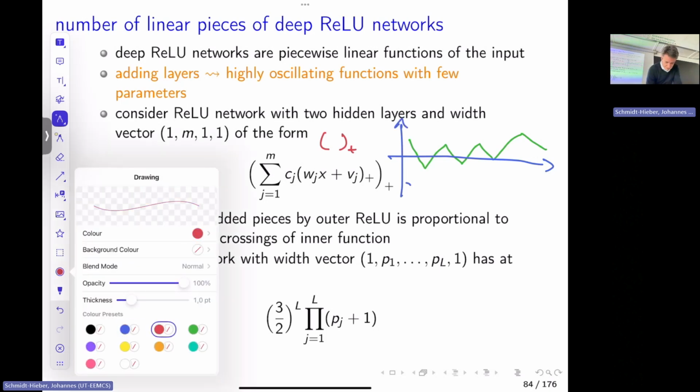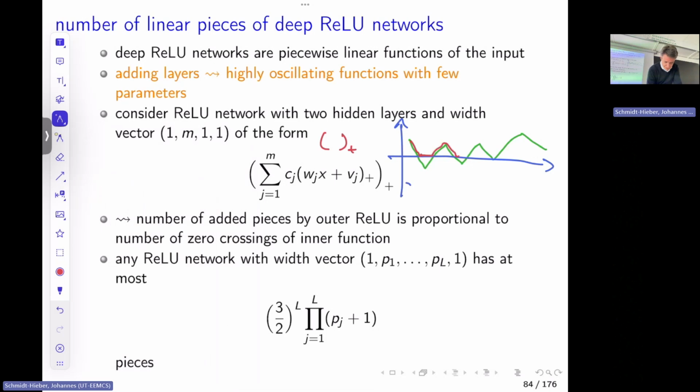Then what you get afterwards is this function, right? Because the negative values are set to 0. And with one parameter extra, you suddenly get 3 more pieces which have a certain structure because they all lie along the same hyperplane. So this is one way to see how adding layers can increase the number of linear pieces, of course in a certain structured way. And then the question is whether the structural constraints implied by composing layers on each other can help you approximate interesting functions.